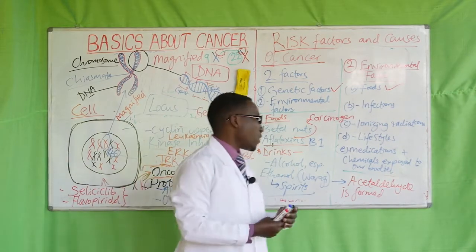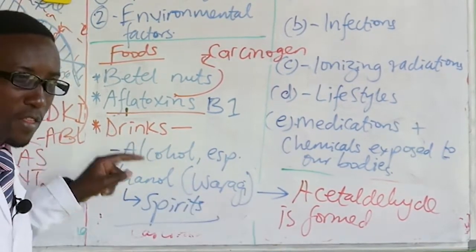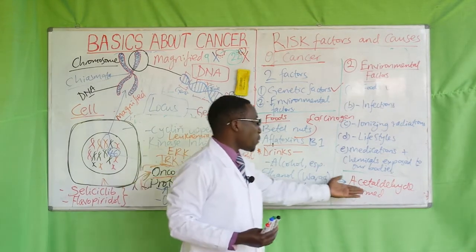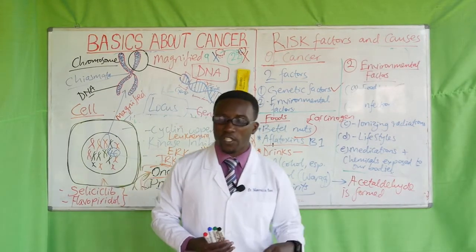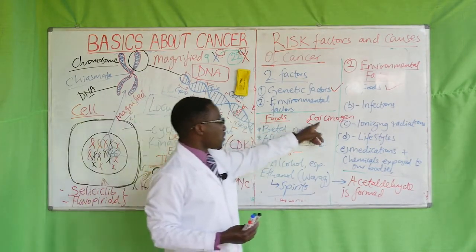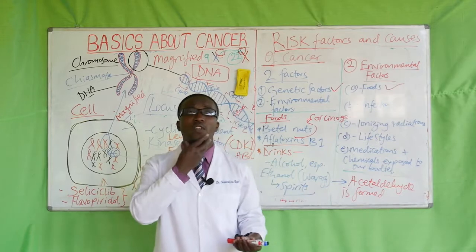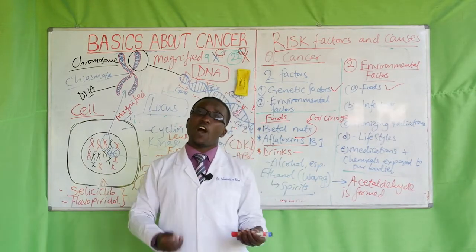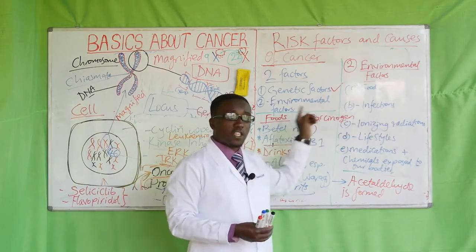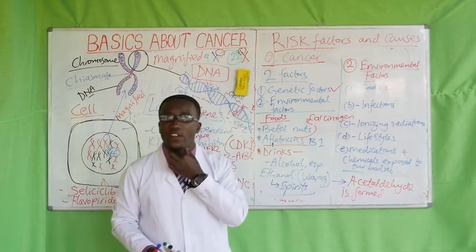This acetaldehyde, as it is formed following the metabolism of ethanol, following the metabolism of the spirits that we take, that we enjoy, it keeps on accumulating. So as it accumulates with time, it induces carcinogenic effects on the epithelial cells of the mouth or the oral cavity. It imposes its carcinogenic activities on the epithelial linings of the esophagus or the gullet.